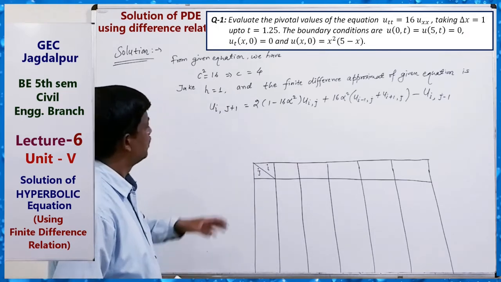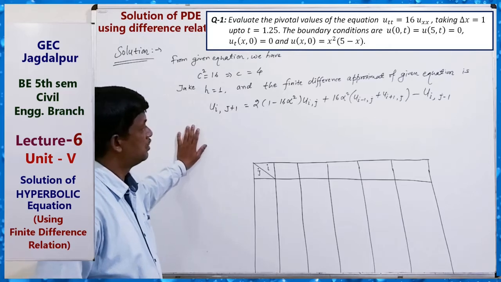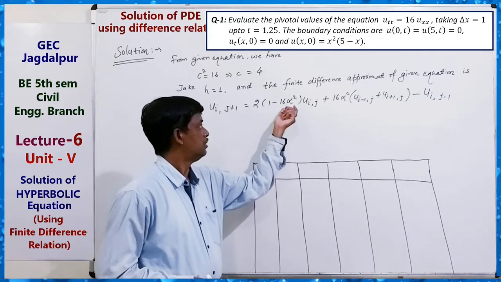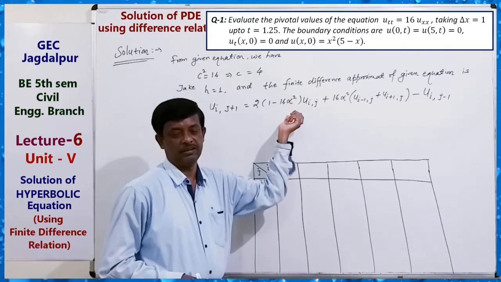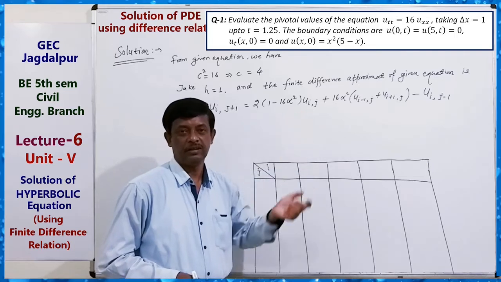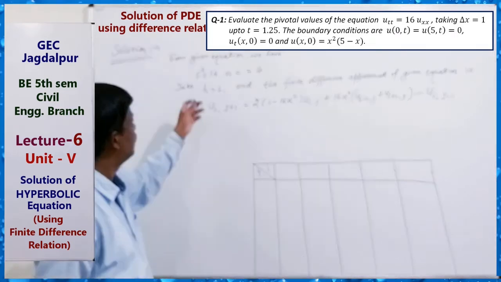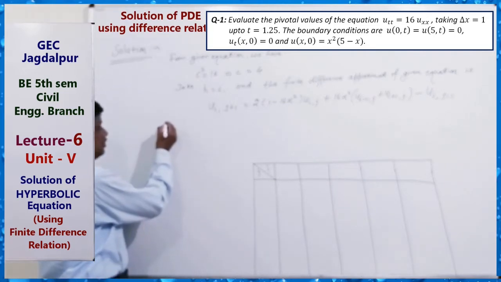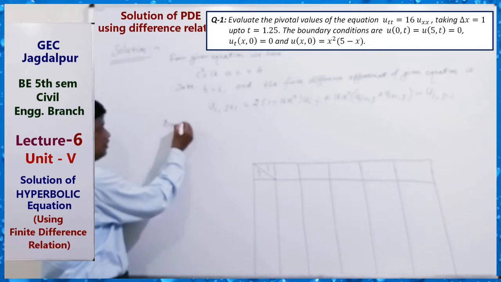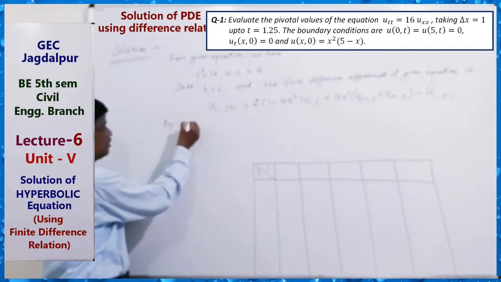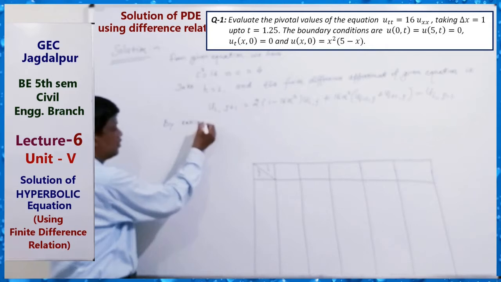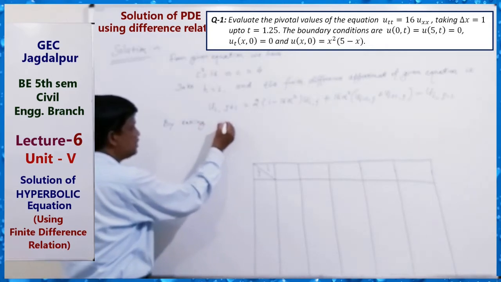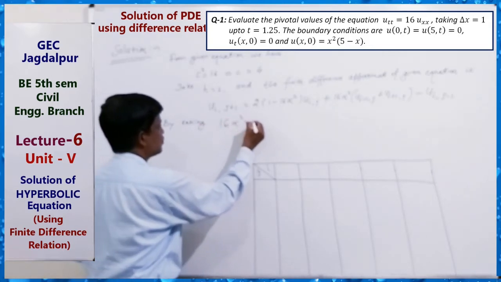By setting alpha, that is taking 16 alpha squared equals 1, we can get the value of k.